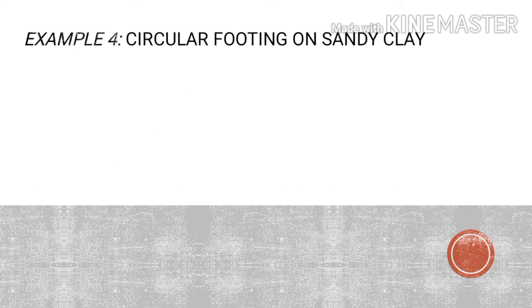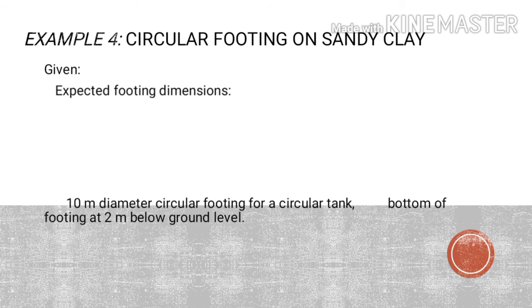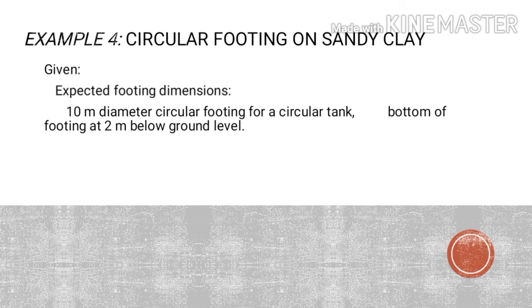For the next example, it is a circular footing on a sandy clay with the given expected footing dimensions: a 10-meter diameter circular footing for a circular tank, with the footing 2 meters below ground level. The cohesion is 30 kilonewton per square meter. The unit weight of the soil is 18 kilonewton per cubic meter.